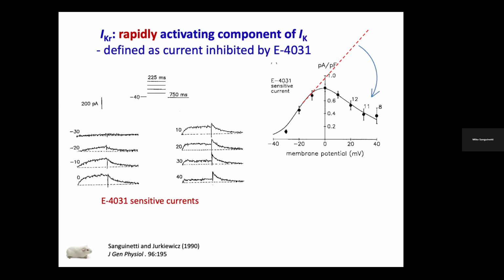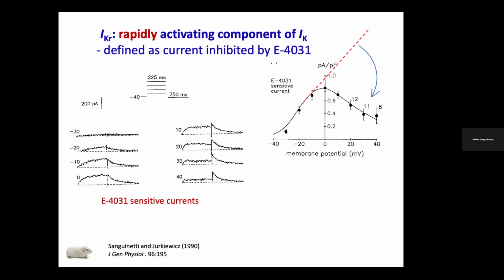And this difference, I won't bore you with all the details, is due to the channels going into an inactivated state after they've opened at higher potentials. So inactivated state is just a different type of closed channel configuration that doesn't allow conductance of ions. So you have closed, open, and inactivated.